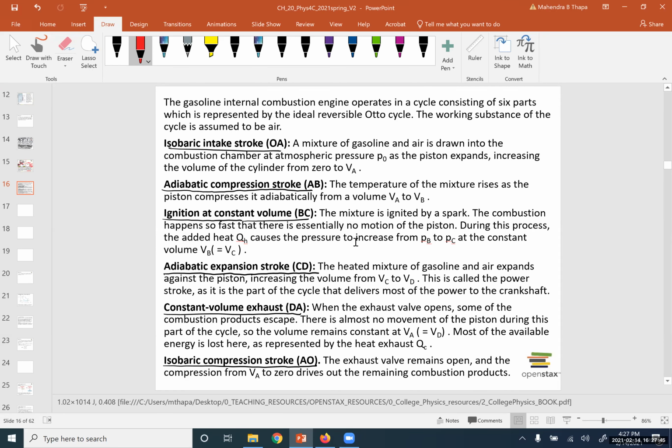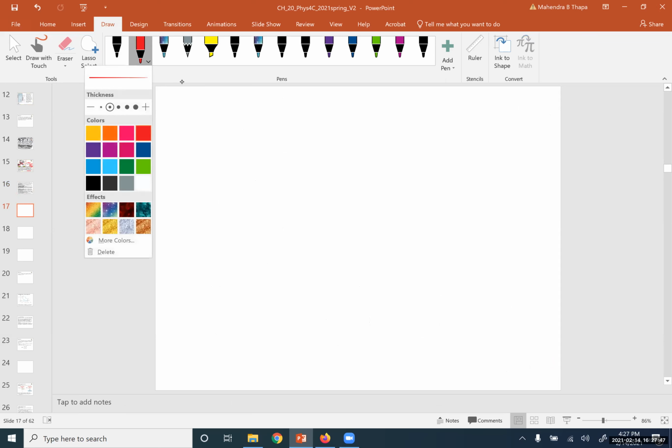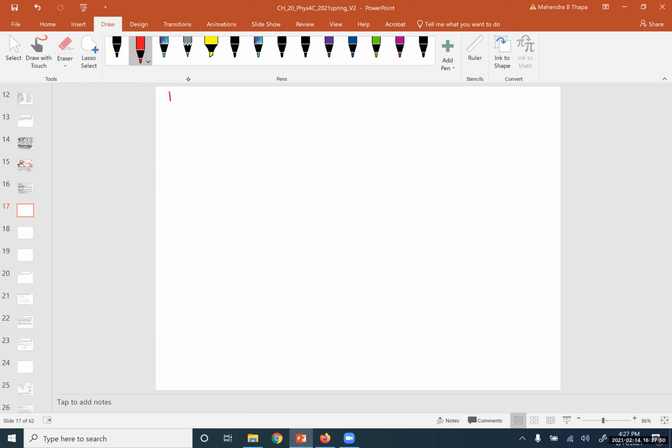Here our goal is to prove E, the efficiency of the engine. We want to prove E equals W over QH, where QH is the heat supplied. This must be equal to QH minus QC over QH.